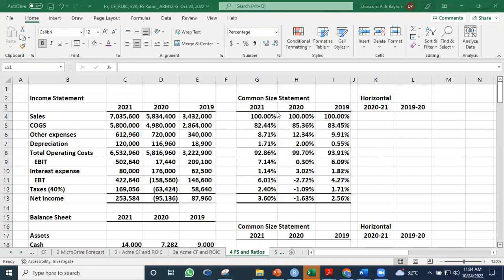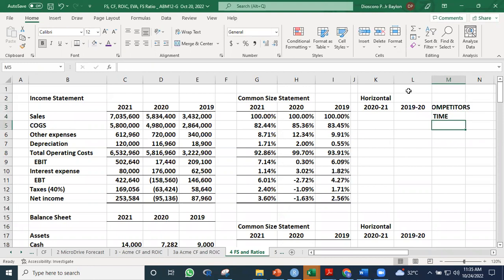Okay, now, how do we comment on this? Maganda ba yung performance natin ng 2021? Okay, so for the time being, we will look at and interpret this based on two benchmarks. Number one is relative against competitors and against time.